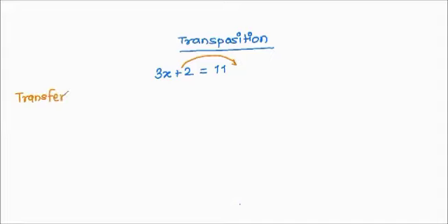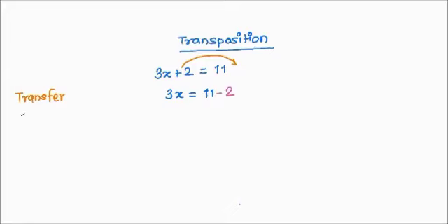Transfer. Now when we do the transfer, 3x will remain here, is equal to 11. The 2 is getting transferred here. When we do the transfer, the number opposes itself. It gets changed to its opposite, which is, instead of plus 2, it becomes minus 2.